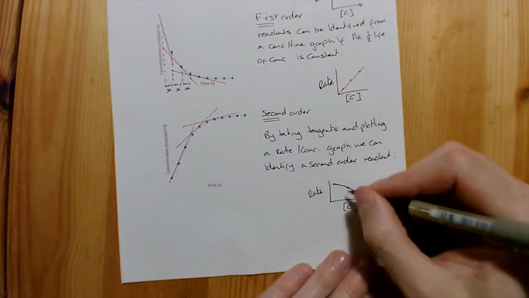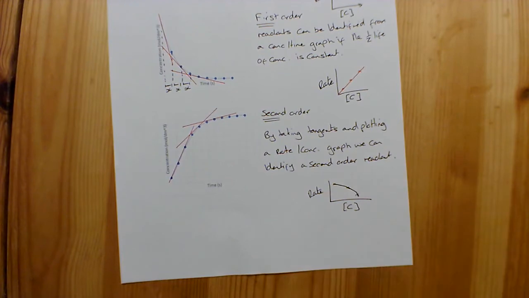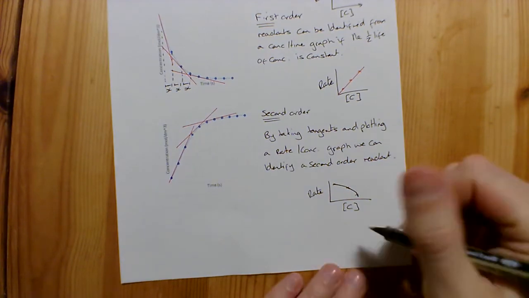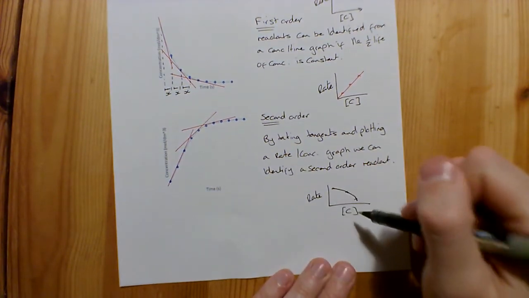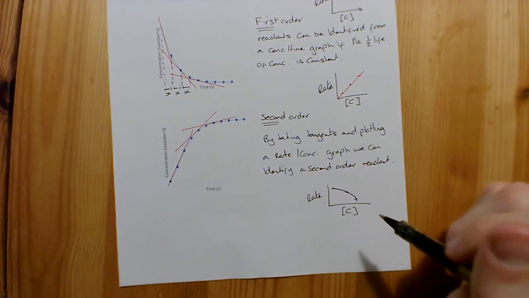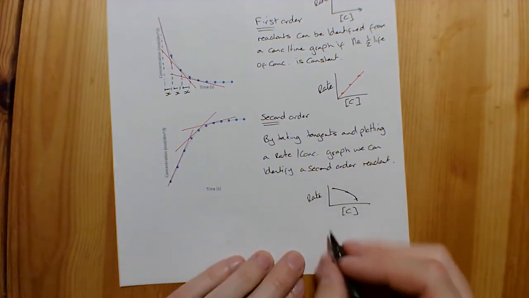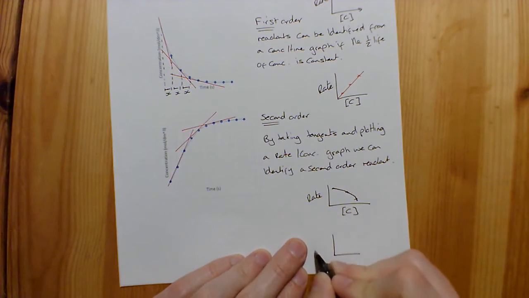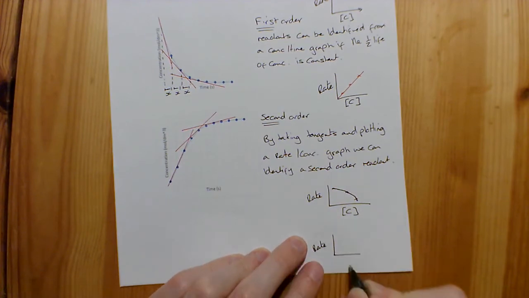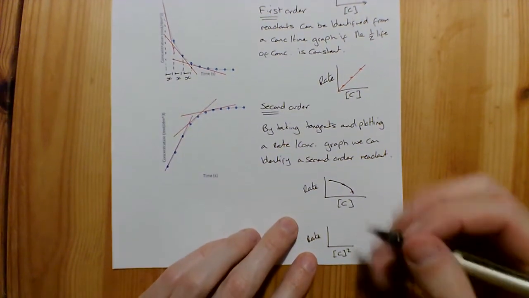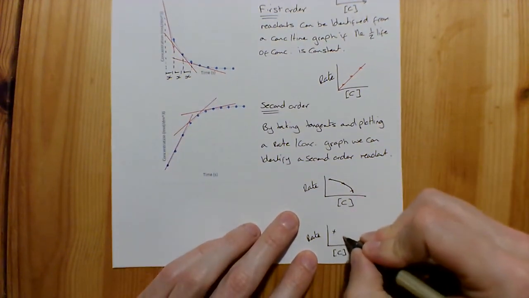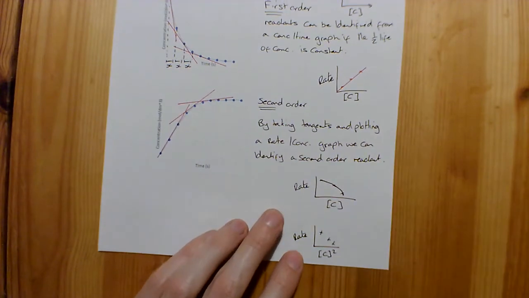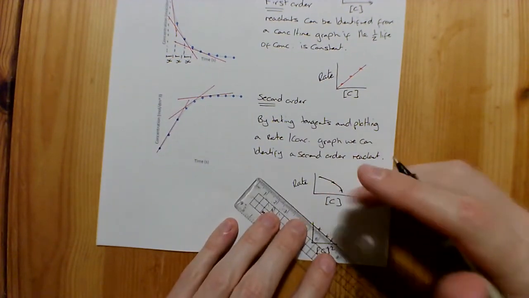So if we have a curve, then we know that it is a second order reactant. Now, just to double check, just to prove that that is second order, what you could do is plot rate against concentration squared, and if it was second order, you get a nice linear relationship.